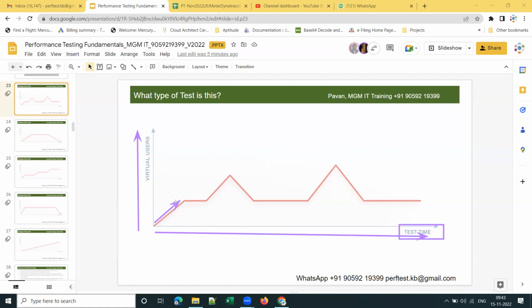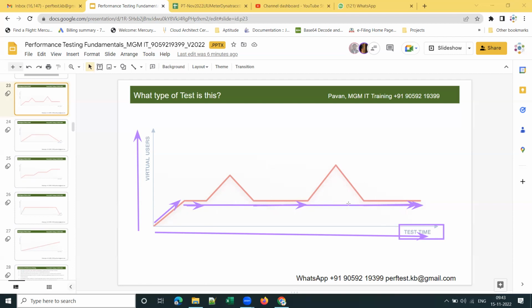This is called ramp up, meaning starting the virtual users gradually. This is called a ramp up period. And this is called steady state. If you observe from here to here, the user load is the same. But in between, the user load increased for some duration. You got it, right?